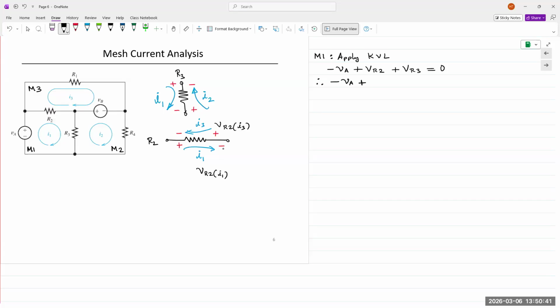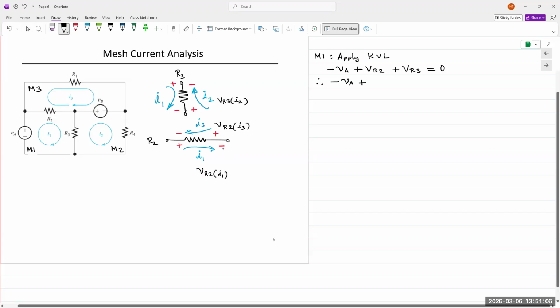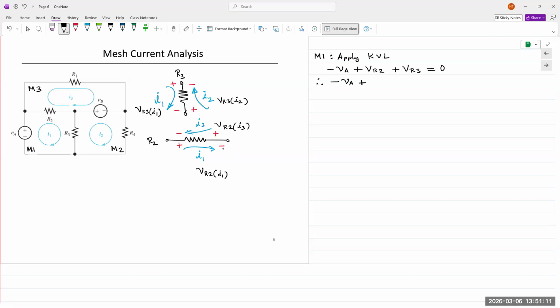Again, these are hypothetical, not real. In R3, I can say this is VR3 due to the mesh current I2, and this is VR3 due to mesh current I1. Right? Two voltage drops.